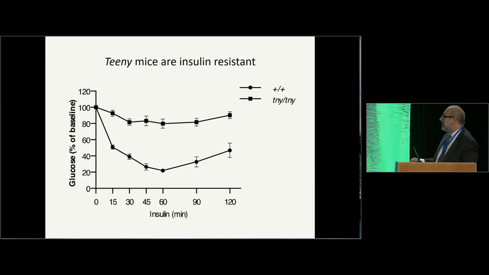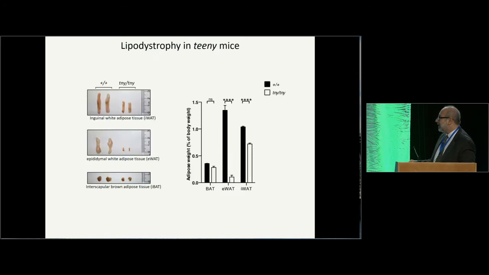If challenged with insulin, they don't become hypoglycemic as normal mice do, and so they're simply very insulin resistant. They're also lipodystrophic, and you can see here the inguinal fat pads, and or do I have it backward? This might be, yes, I think this is inguinal and this is epididymal, and you have some attrition of brown fat as well.